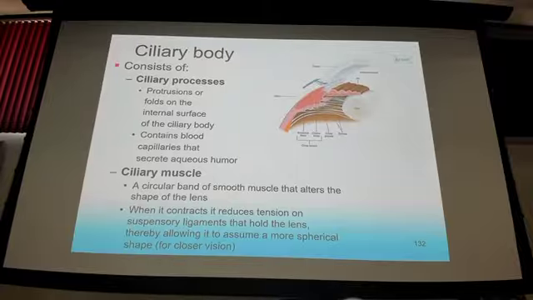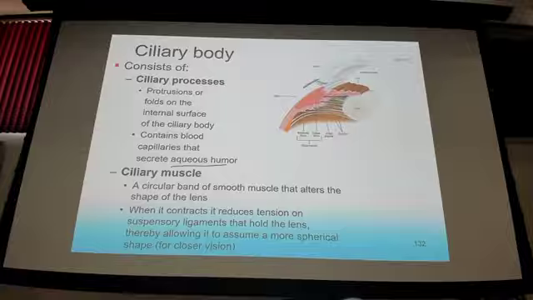But as it comes around to the front of the eye, it has what's called the ciliary body. The ciliary body consists of ciliary processes and ciliary muscle. The ciliary processes are folds of that ciliary surface that contain blood vessels, particularly capillaries, that secrete what's called aqueous humor, one of the fluids of the eye.